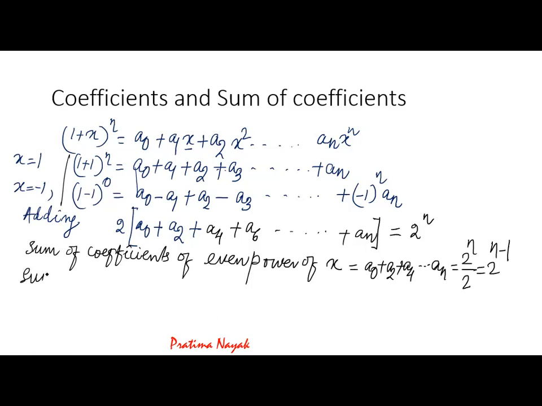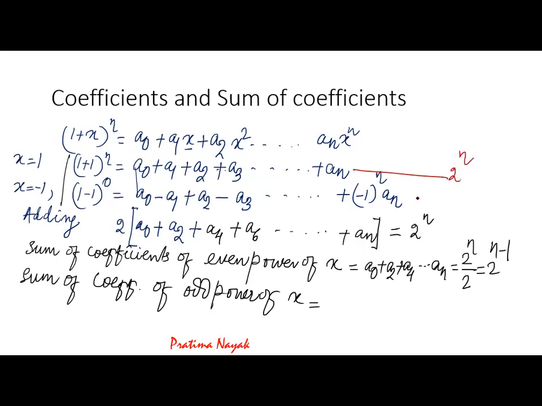Similarly, the sum of coefficients of odd powers of x. I'll get the odd powers of x if I subtract these two expressions. This is expression 1, 2 to the power n. This is expression 0.